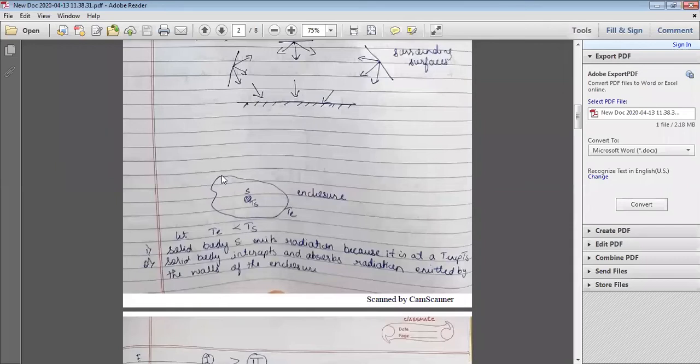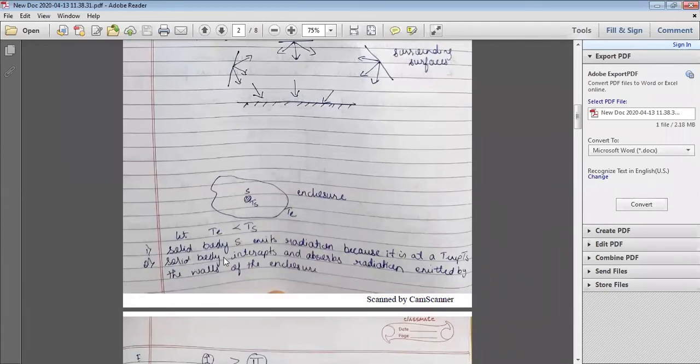In that case, the solid body S emits radiation because it is at a temperature Ts. This solid body will be emitting electromagnetic waves, that is, radiation, because it is at a certain temperature.